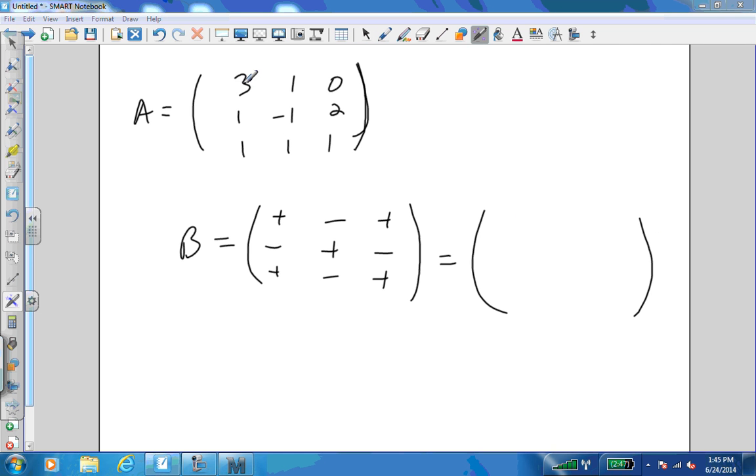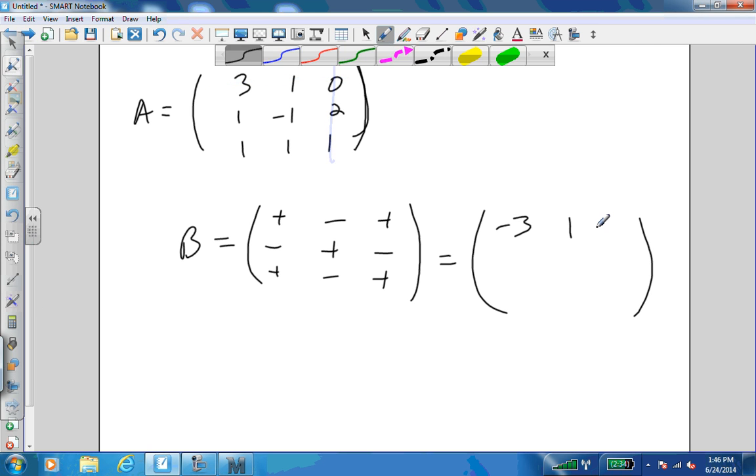So for our first one, if we cross out row and column, we have negative 1, minus 2. So minus 3, and we use that sign. Then if we cross out row and column, we have 1, minus 2, so negative 1, but we want the opposite, so 1. Row 1, column 3, you have 1 minus a negative 1, so 1 plus 1, that's 2, and we use that sign.